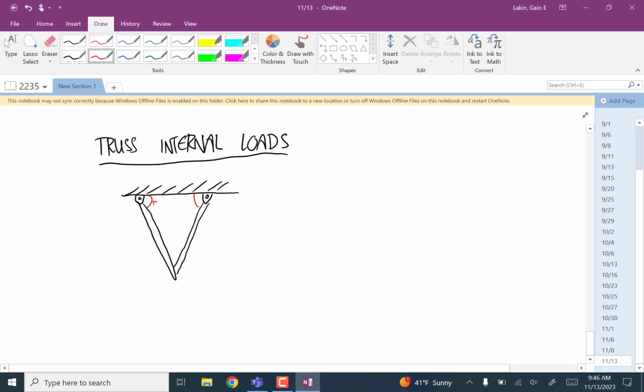These are still 70 degrees. We had the 500 Newton force like this, but we didn't have that 1,000 Newton force. And we're neglecting the masses, we're neglecting the weights. The lengths are still the same. And we want to calculate the internal loads.